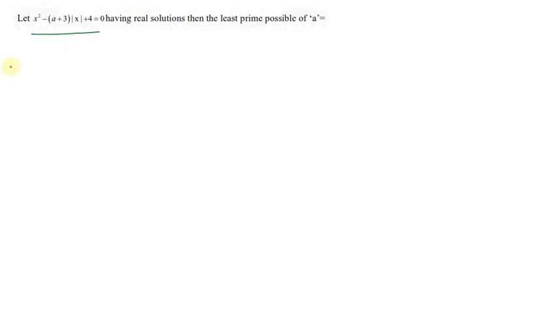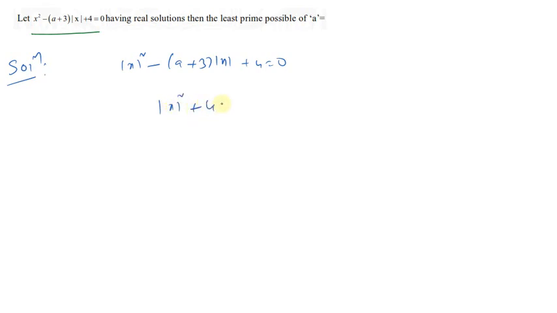Okay. See, you can write x square also in terms of mod x, minus (a plus 3) into mod x plus 4 is equal to 0. You can observe one small technique here.